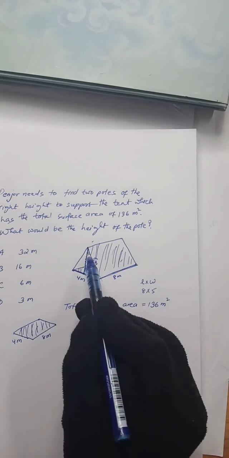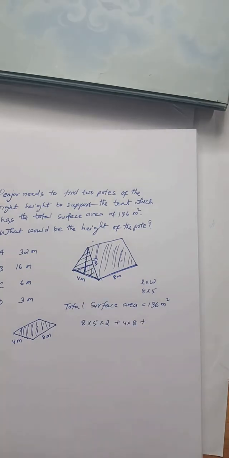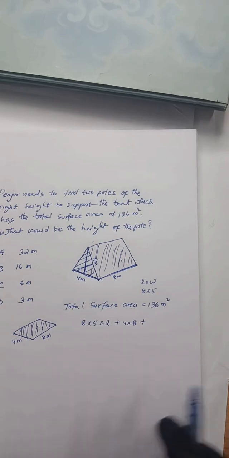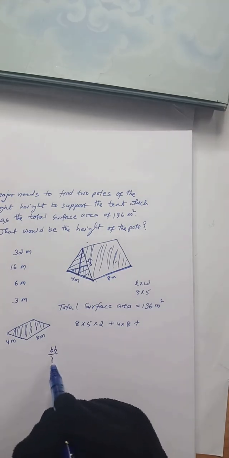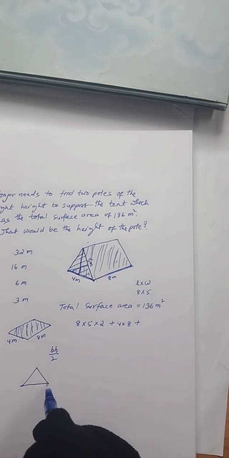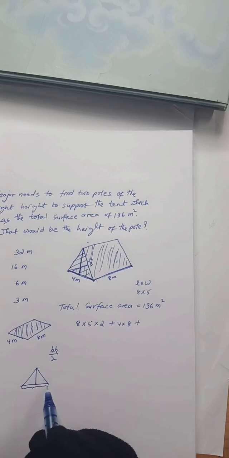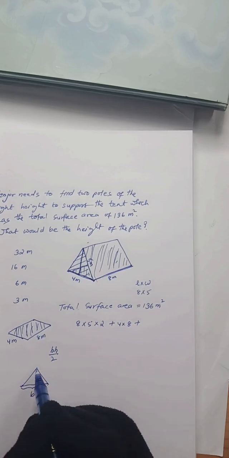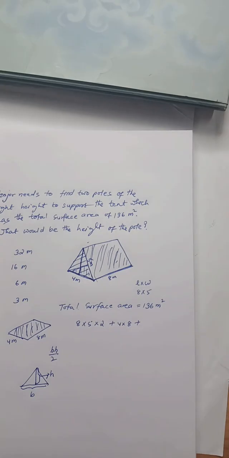We have a triangle here. And the formula to find the area of a triangle is base times height divided by 2. To find the area of a triangle, you have to know what this base is, and you should also have the information related to this height.